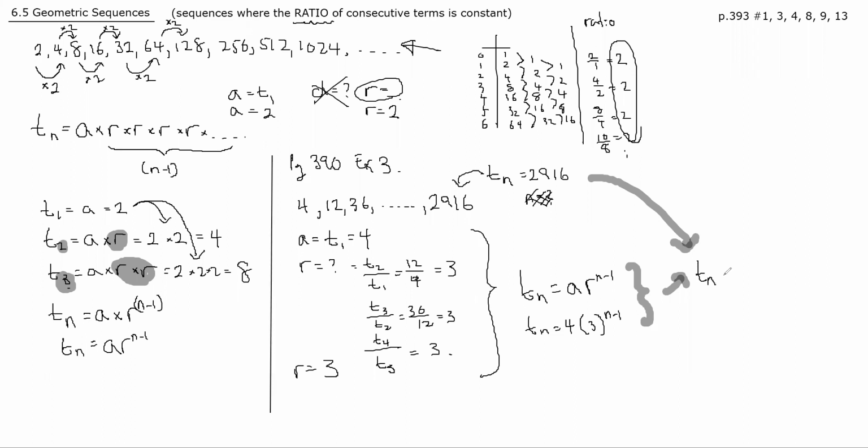Tn, I don't know what that is, equal to 2,916. But I also know Tn is equal to 4 times 3 to the power of n minus 1. Let's do some algebra. Divide by 4, divide by 4. That gets, let's see, 2,916 divided by 4 is 6,...518,...369 is equal to 3 to the power of n minus 1.